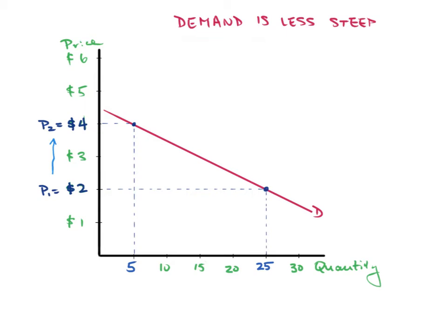And so you should anticipate that when we calculate the elasticity of demand, it will be large. Okay? So let's do that. Elasticity is percent change in quantity demanded divided by percent change in price.